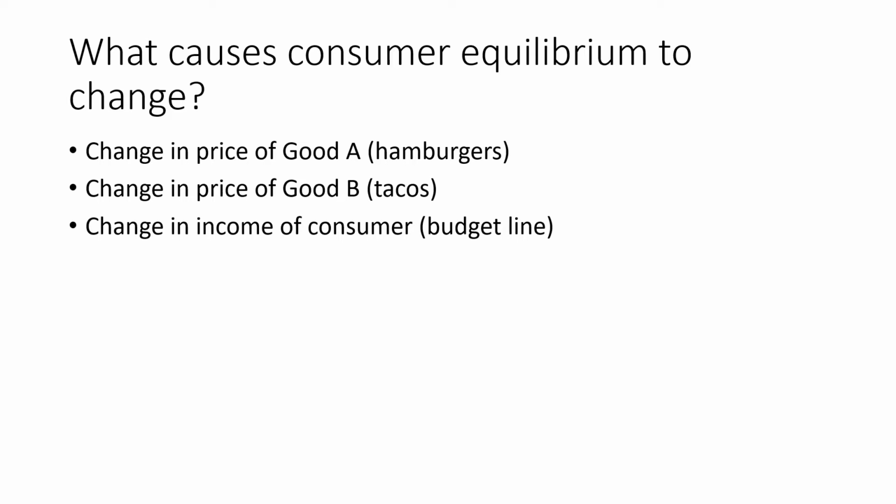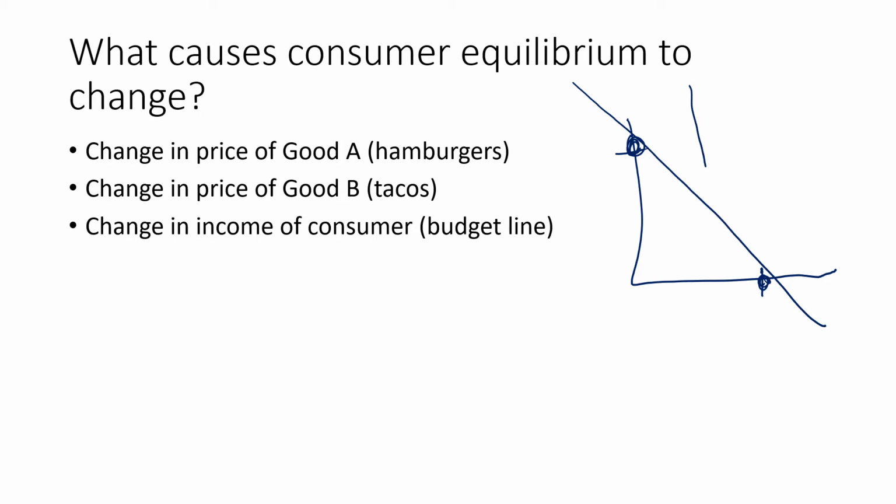So the consumer equilibrium can actually change. In that previous example, we had a particular quantity of hamburgers and a particular quantity of tacos that we found at the point where the indifference curve met the budget line.